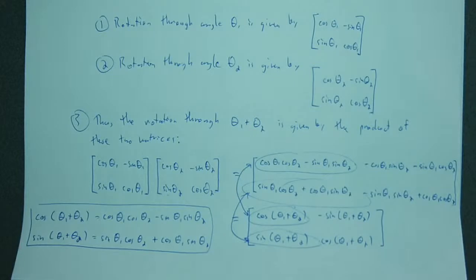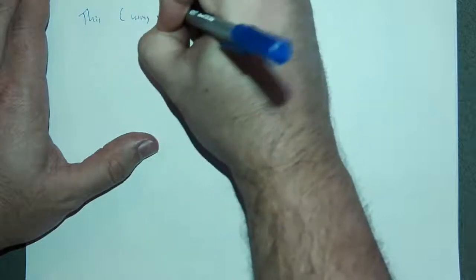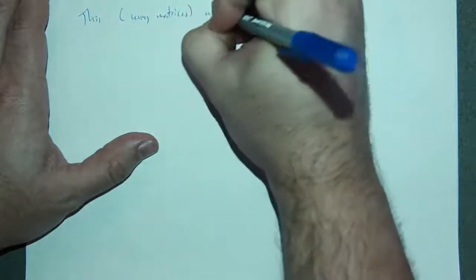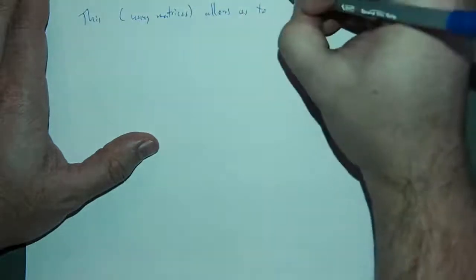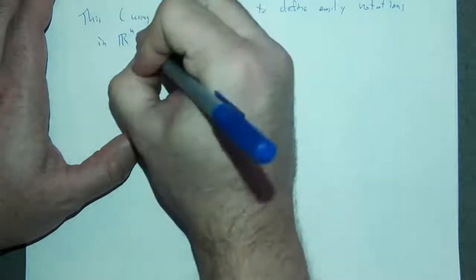Now, this isn't the only benefit you get from using matrices. In fact, what is nice about using matrices in this way is that it allows us to easily define rotations in Rn.